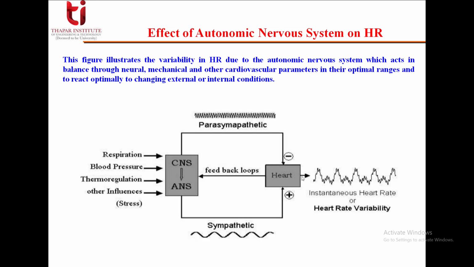So you can see we have different sources that produce this variability in heart rate: respiration, blood pressure, thermoregulation, or other influences like stress. They influence the parasympathetic as well as the sympathetic case, and then we can have feedback, depending upon whether it is a parasympathetic or a sympathetic case, whether it will be positive or negative feedback, and they will produce a change in instantaneous heart rate, or we can say heart rate variability.